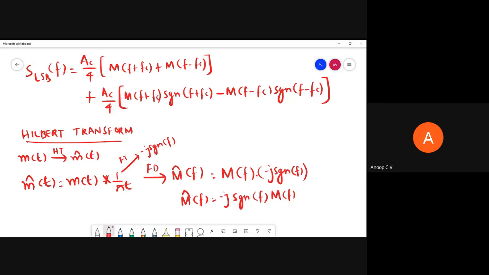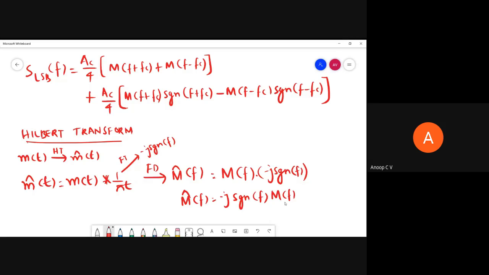M cap of f was defined as minus j signum of f into m of f. Or else I can write signum of f into m of f will be m cap of f divided by minus j, or minus 1 by j times m cap of f.